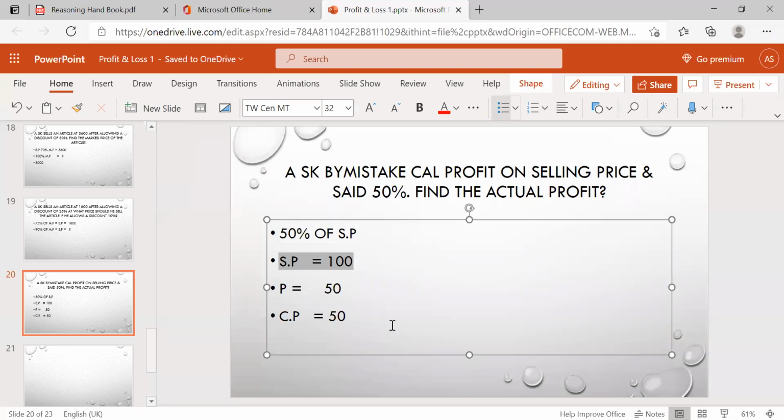Just see: I purchase one item for 5 rupees and I sell that item for 10 rupees. Then how much profit did I get? 5 rupees, right? It's nothing but 100%. 100% profit I got, right? Is it clear?